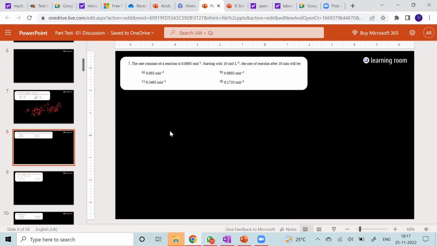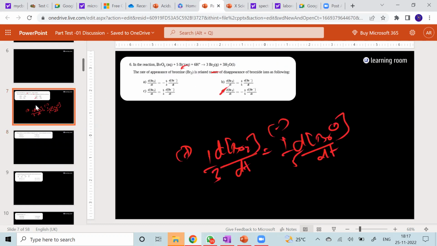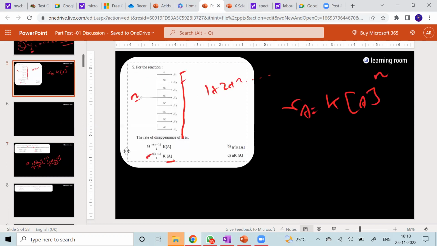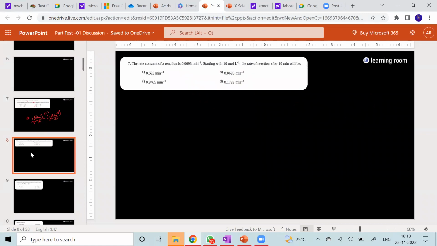Next. The rate constant of a reaction is this much. Starting with 10 mole per liter, the rate of the reaction after 10 minutes is. Now they're telling that it is per minute.